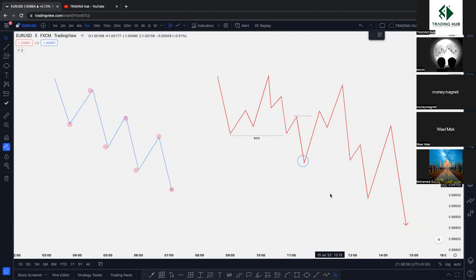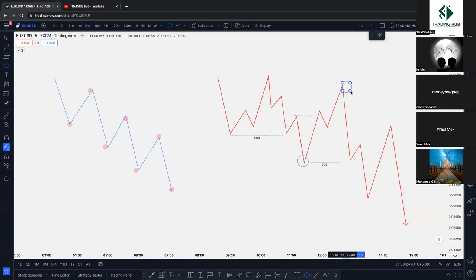Then where is our next break of structure? When the market pushes downside and closes below it without closing above it. If the market did not take out this high and closes below it, this is our break of structure.